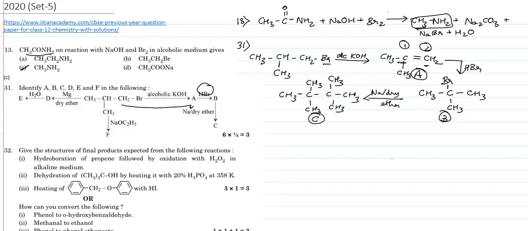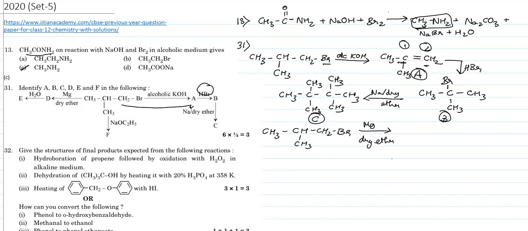The second one is D and E. So let's take the reactant again. So CH3, CH, CH2, Br, and another CH3. Now, this is undergoing a reaction with magnesium in dry ether. Now, this leads to the formation of Grignard's reagent.